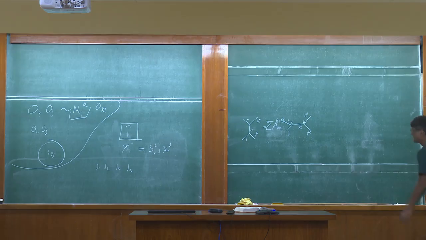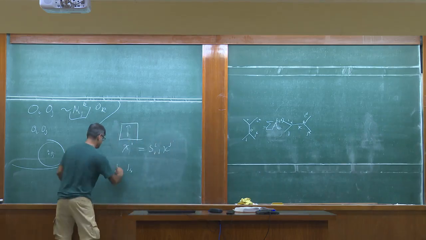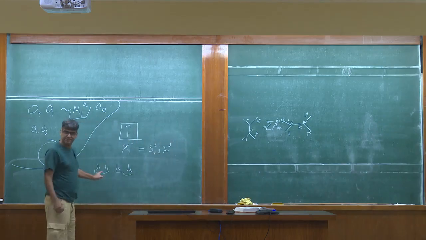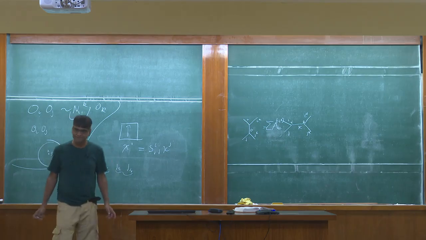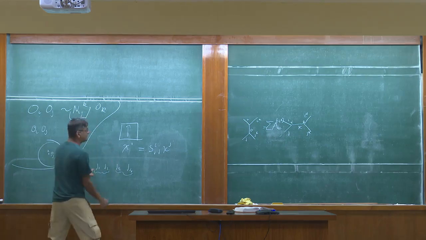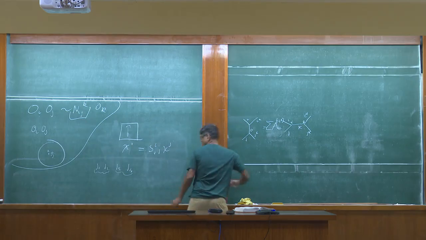One choice is to fuse these guys, fuse these guys, fuse these guys to some Jm, fuse these guys to some Jm, and then fuse the Jms. Okay? So that would be the analog of this.